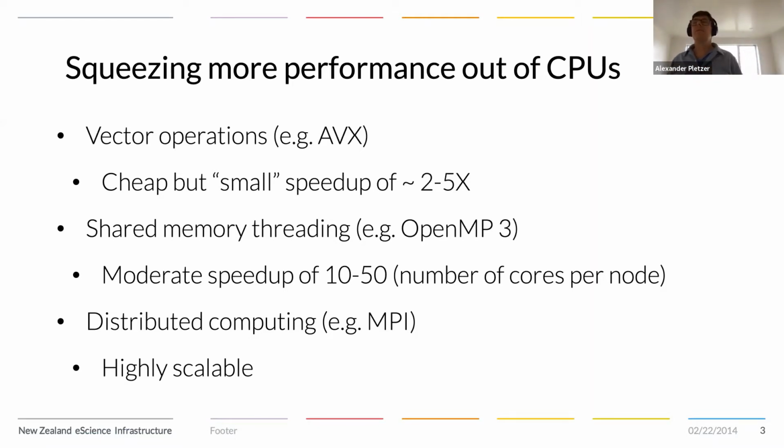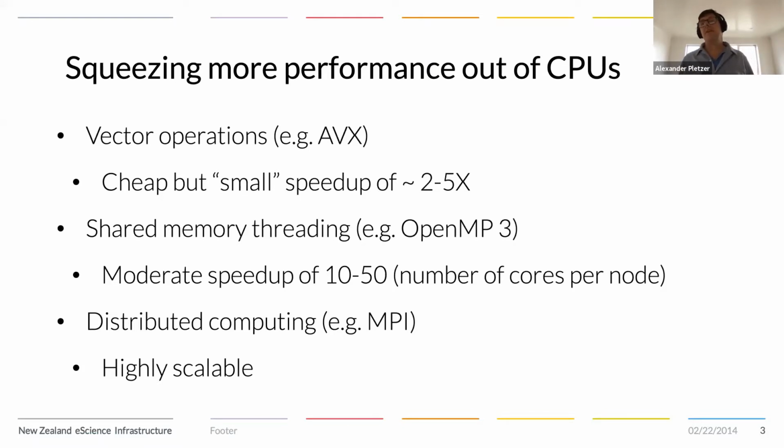But nevertheless, you can get a speed up of maybe 10, 20, 50 is a bit of a maximum here, because that's the number of cores that we have per node, which has now increased and is going to increase maybe to 64 or 128 in the future. So, pretty substantial speed up.